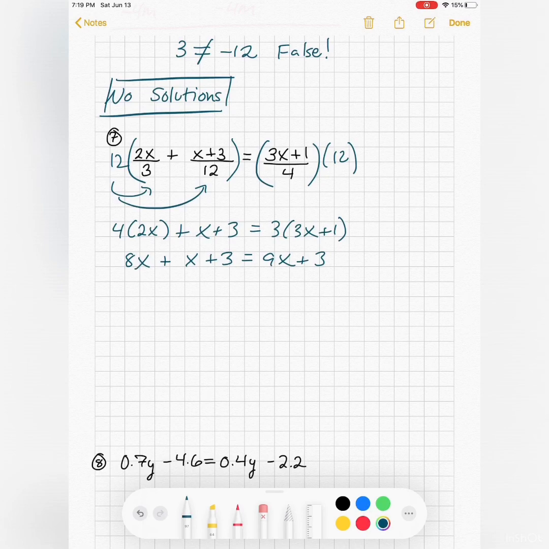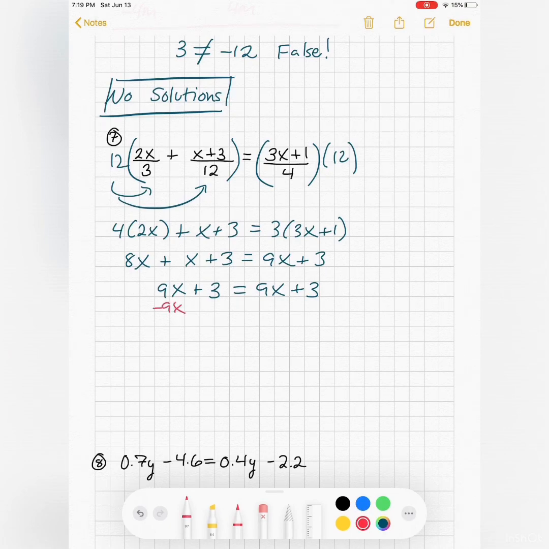Okay, distributed everything. Combine the like terms. So this is interesting. Here I get a statement that's always true. 9x plus 3 is always equal to 9x plus 3.